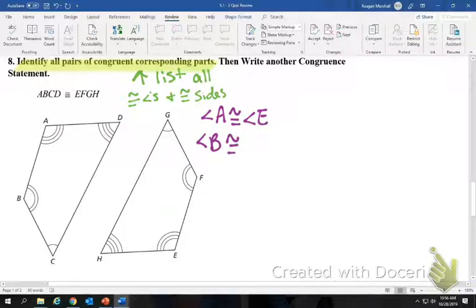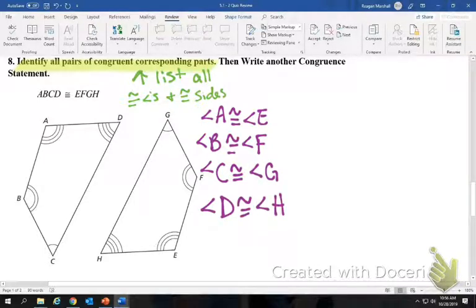Angle B will be congruent to F. So angle F. Angle C is congruent to angle G. Angle D is congruent to angle H. So those are all of the angles.